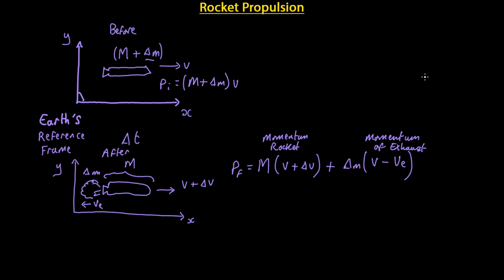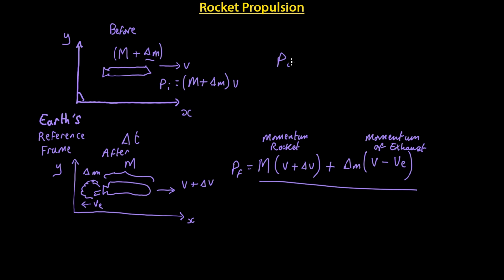Now, the law of conservation of linear momentum states that the total momentum of all particles within a closed system remains constant. So effectively, what we're saying with our rocket here is that all the momentum of the fuel and the rocket before the rocket fires should be equal to the total momentum of the fuel and the rocket itself after it's fired its engines.